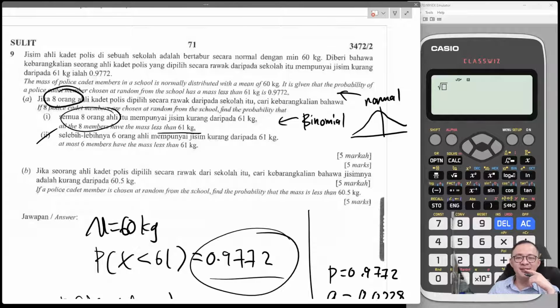(61 minus 60) divided by the standard deviation equals 1.999. I mean, how do you get that one? 60 is the mean.